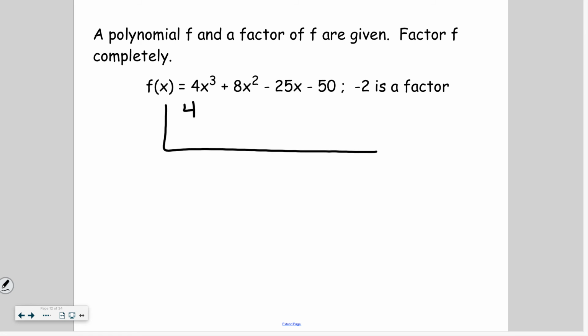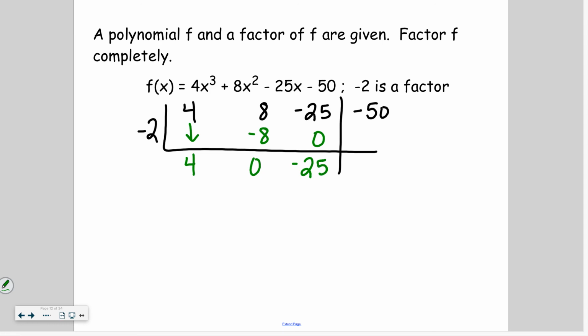All right, so 4, 8, 25, negative 25, negative 50. We're going to divide by negative 2. So 4, negative 8, negative 25, 50, and they are correct. Negative 2 is a factor.